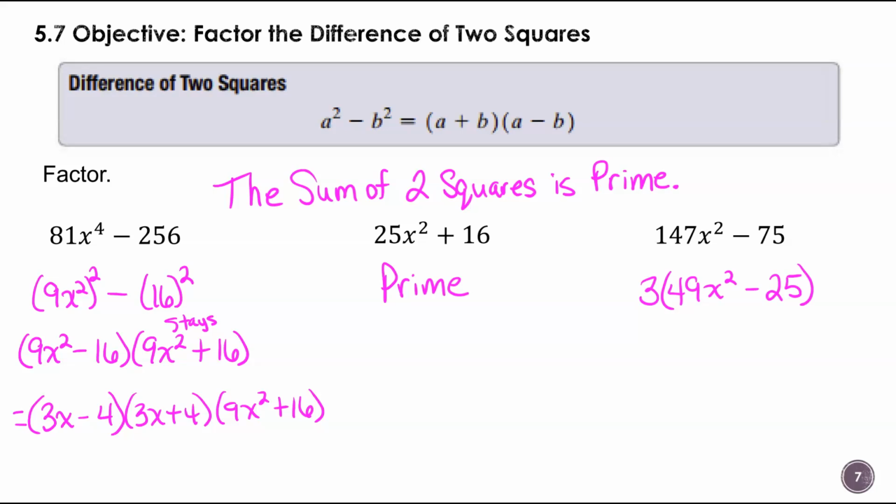And so now I have the difference of squares, and it factors as 7x plus 5 times 7x minus 5. Right, so the difference of those squares: 7x times 7x is 49x squared. 5 times negative 5 is negative 25, and that's factored.